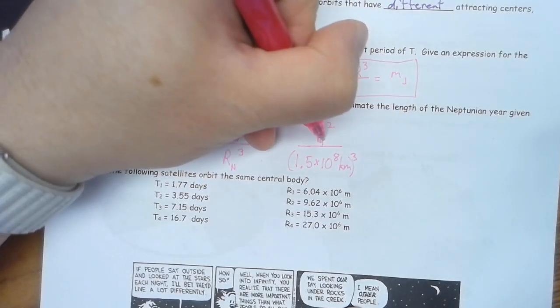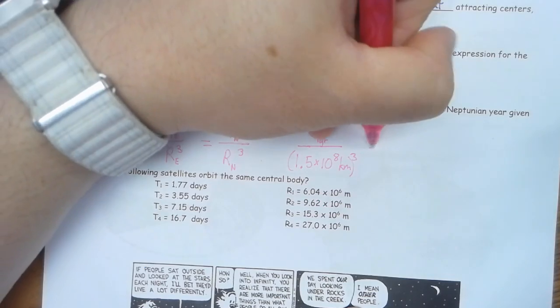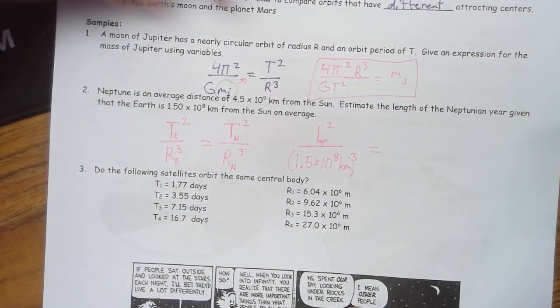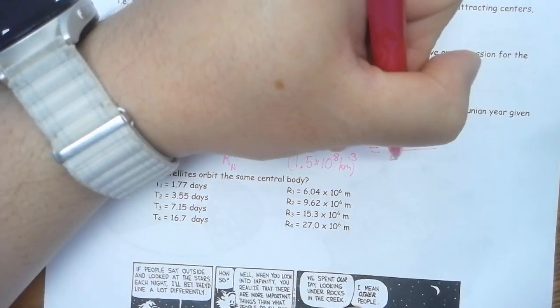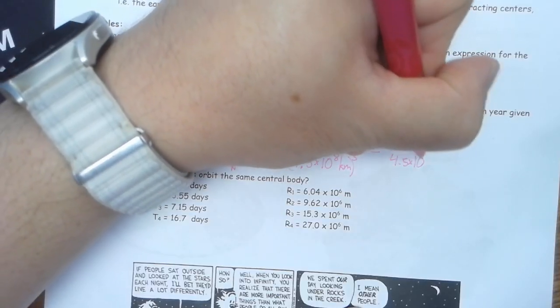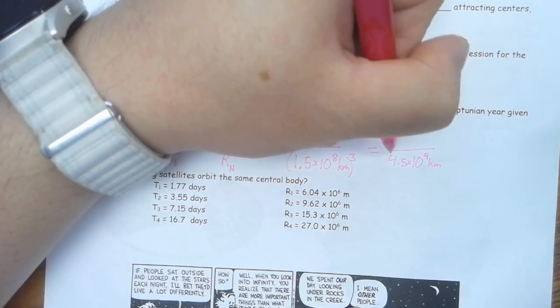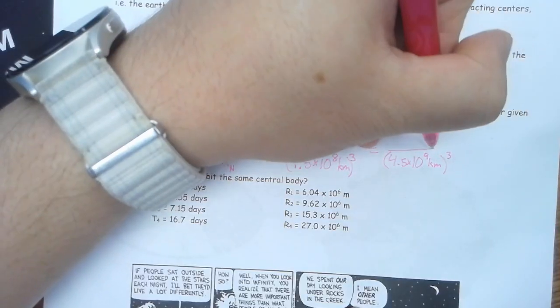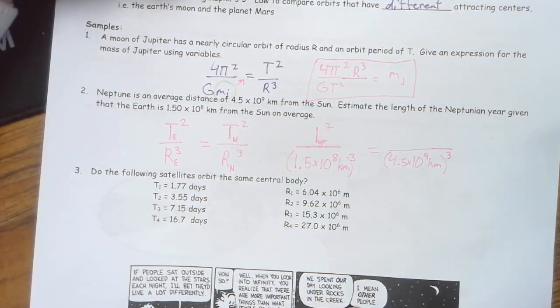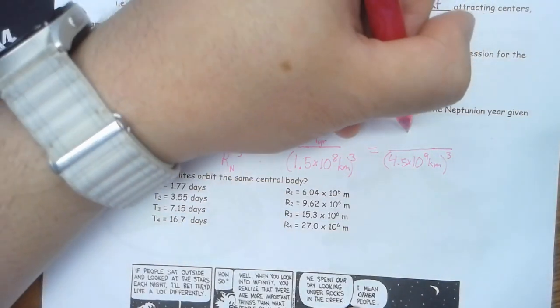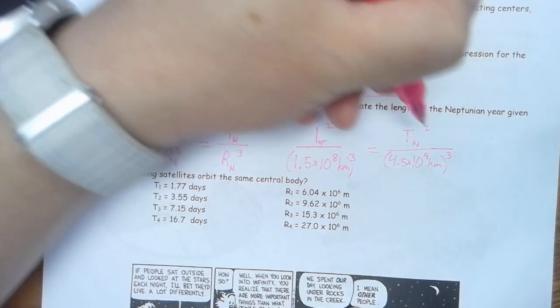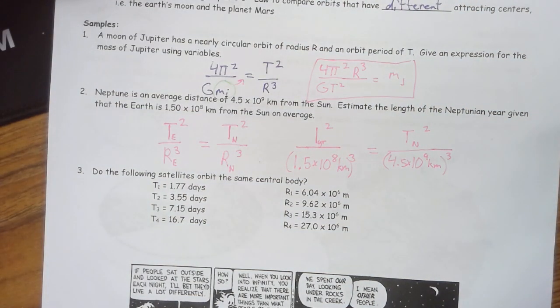What is this? 1 year equals 4.5 times 10 to the 9th kilometers. This gets cubed. And we have the time period of Neptune squared. So you're going to have to square root the whole thing by the end.